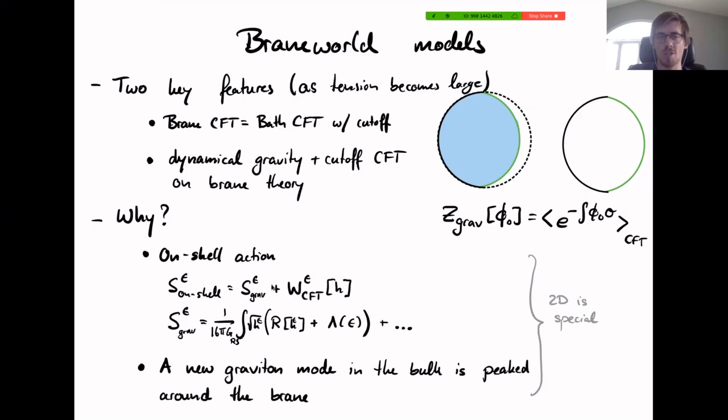One term is just our CFT effective action coupled to gravity, for a CFT with a cutoff. And then there's this other part, which looks like a bunch of terms constructed from the metric induced on my cutoff surface. The leading order terms, if I go very close to the boundary, are just the Einstein-Hilbert action with an induced metric, which depends on my cutoff, and with a cosmological constant that depends on my cutoff.